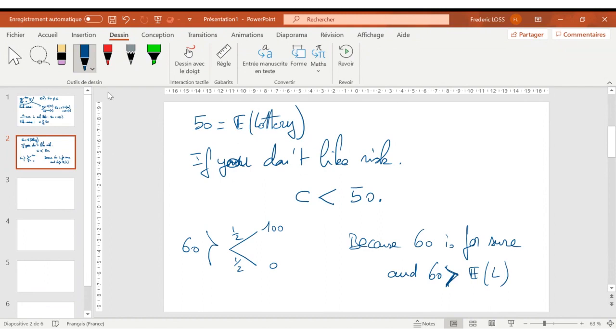So for you, there is a trade-off. And this is why C, if you are risk averse, in our case, is strictly lower than 50, because you obtain less than the expected value of the lottery, but with certainty. And of course, the more you are risk averse, the lower is C compared to 50. Yes, less than 50, exactly.